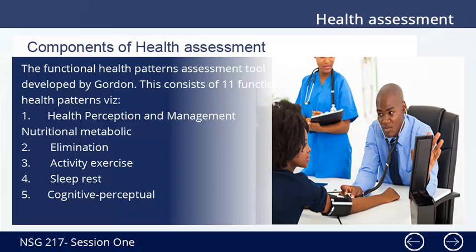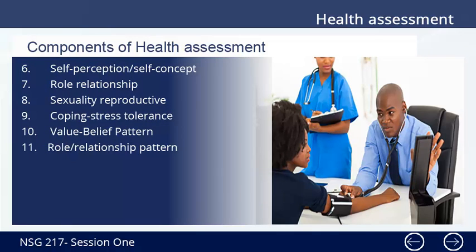However, a more popular and widely accepted approach, even though lacking a general consensus, is the Functional Health Pattern Assessment Tool, developed by Gordon. This consists of 11 functional health patterns. These are: 1. Health perception and management. 2. Nutritional metabolic. 3. Elimination. 4. Activity exercise. 5. Sleep rest. 6. Cognitive perceptual. 7.